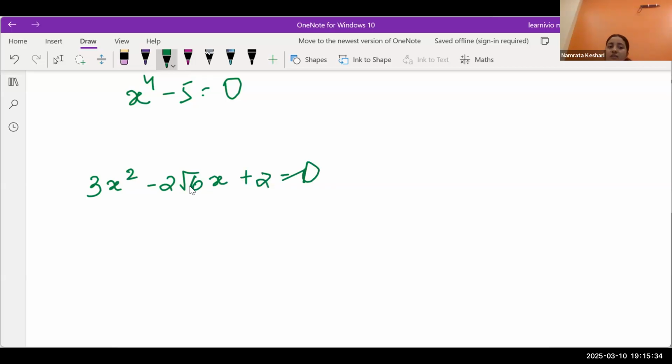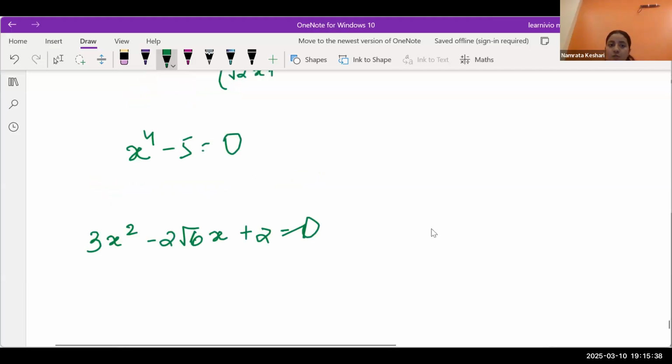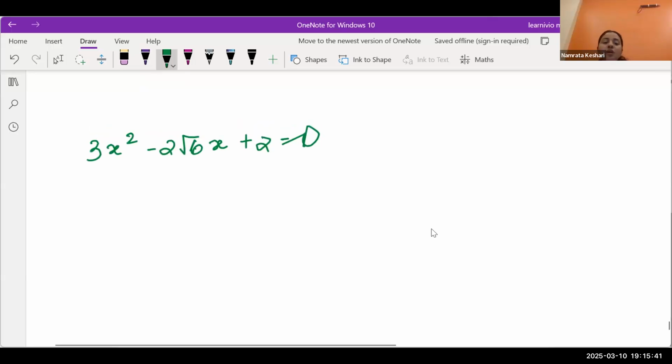Okay, let's find the solution over here. Again, we will do factorization, splitting the middle term. We are finding the solution with the method of factorization. So first we will do the factorization by splitting the middle term. A and C multiplied together is 3 into 2, that is 6, right, Rayyan?